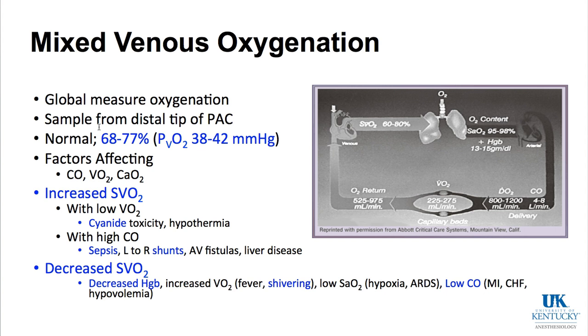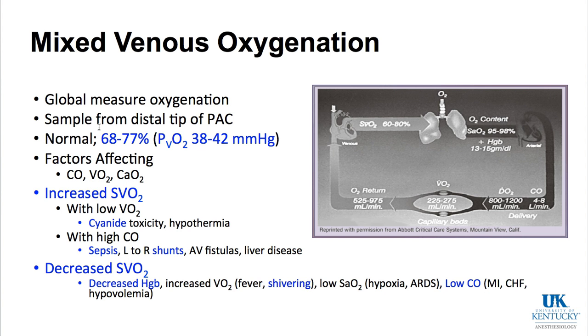Well, if your hemoglobin is very low, that's a common one. If, let's say, your hemoglobin's in the 4, 5, 6, 7 range, your content obviously is decreased. You may decrease your mixed venous not just because of the content, but because of oxygen use. You're using a lot. If you have a fever, your oxygen use goes up approximately 7 to 8% per degree centigrade.